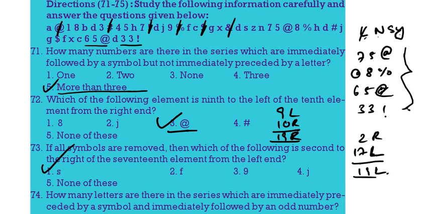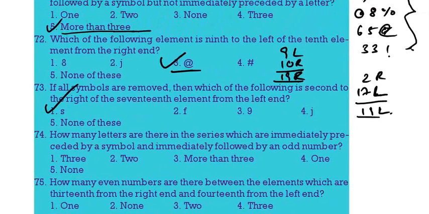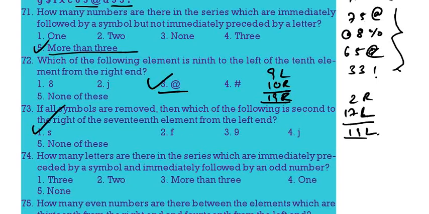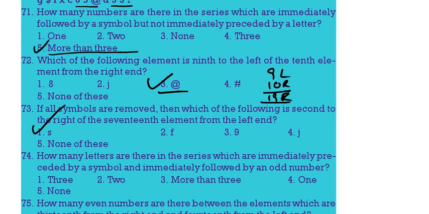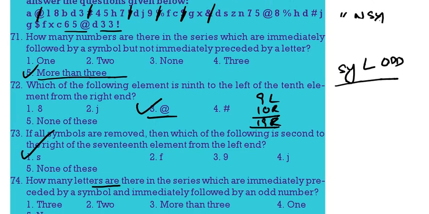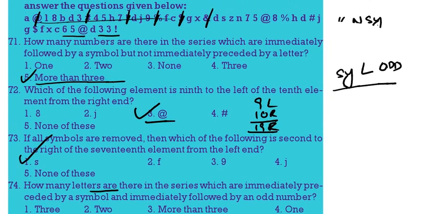Next question. How many letters are there in the above series which is preceded by symbol and followed by odd number? So first see the question carefully. Letters which are preceded by symbol and followed by odd number. So in how many cases are we getting symbol, letter, odd number?